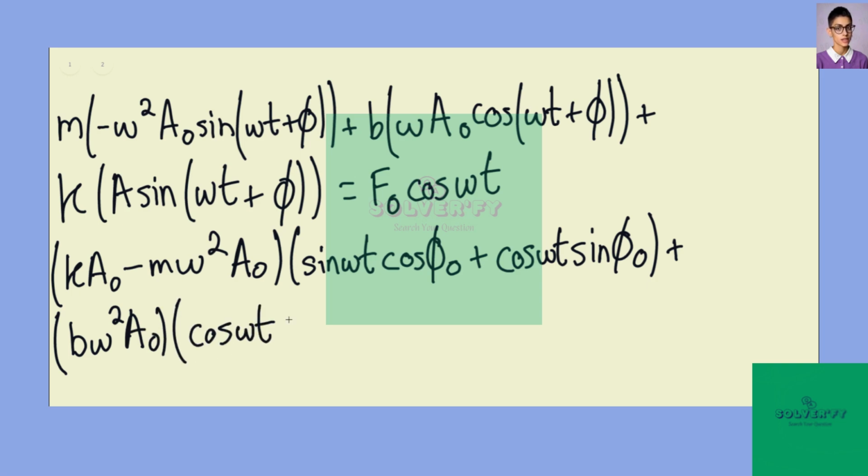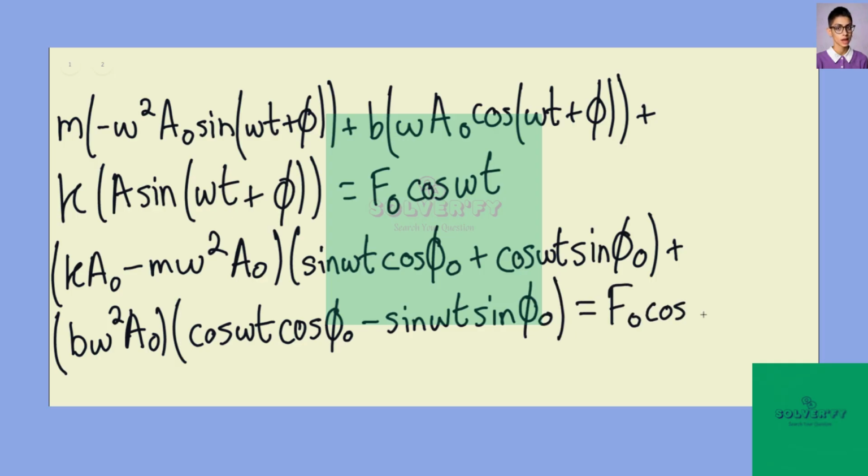Cosine of omega t cosine of phi, the phase shift, and then, excuse me, this will be minus sine of omega t sine of phi. And again, this equals f naught cosine of omega t.